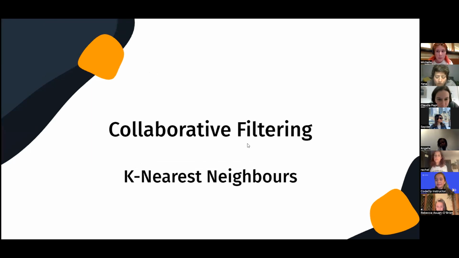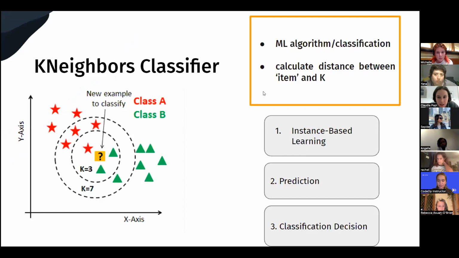Okay, so another model that we use to recommend products is called k-nearest neighbors. This recommender system relies on a machine learning algorithm called the k neighbors classifier. This algorithm is used for classification, for example, in images in machine learning they use this as well.